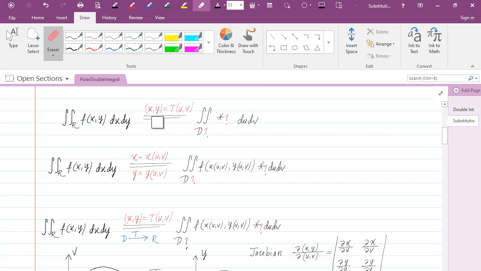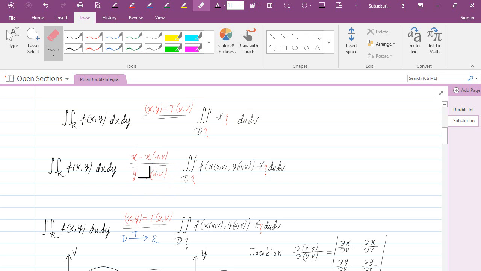So in other words, what we are doing is that we are substituting x and y with u and v via some function t. What that means is that x is a function of u and v, y is a function of u and v. So we are replacing x with some function of u and v, and we are replacing y with some function of u and v.